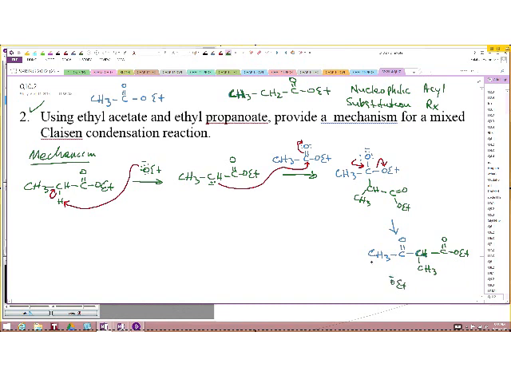And now what happens at this point? The ethoxide will come in and pick up the proton again to form another enolate. So let us draw it that way.